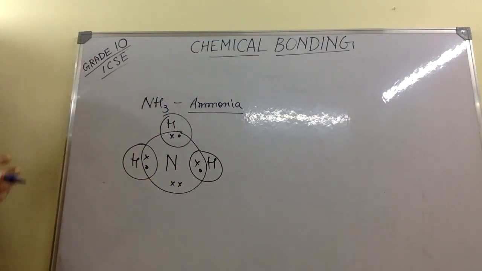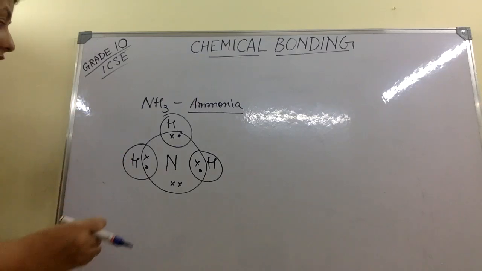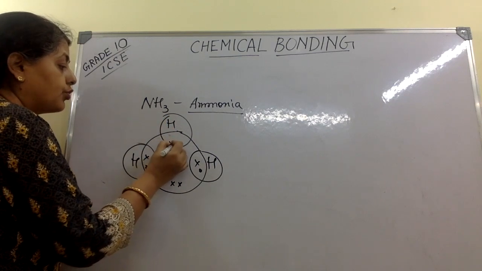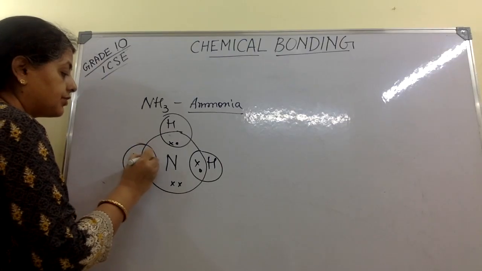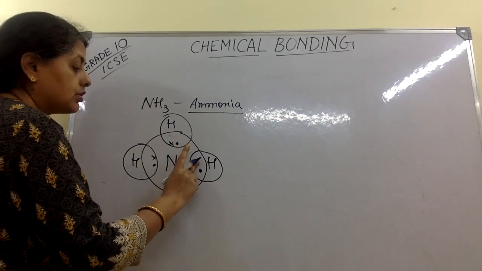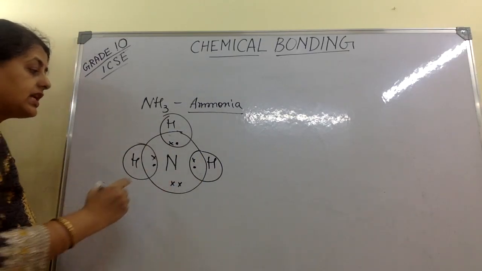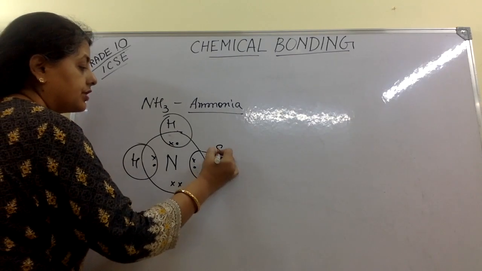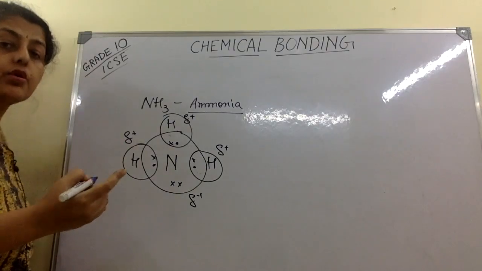Because hydrogen is more electropositive and nitrogen is more electronegative, the shared pair of electrons moves more towards nitrogen and less towards hydrogen. So they are not right at the center. Nitrogen gets a partial negative charge and hydrogen gets a partial positive charge. So this is again a polar compound.